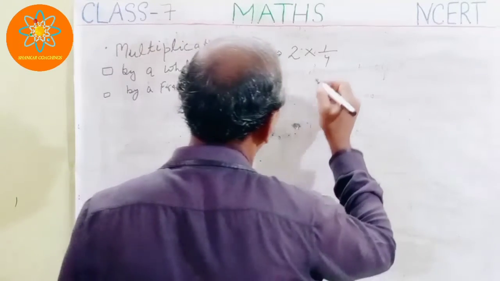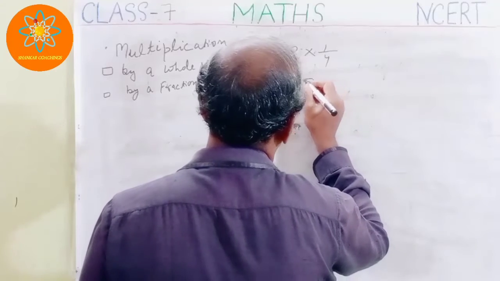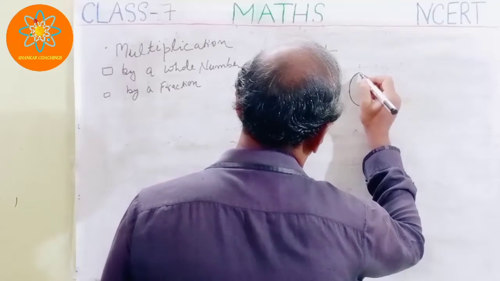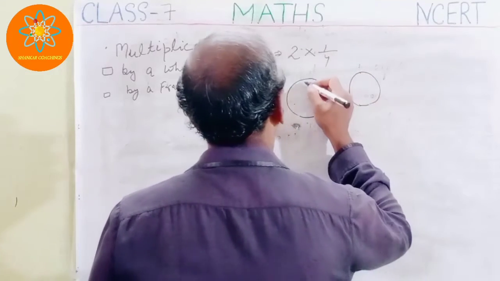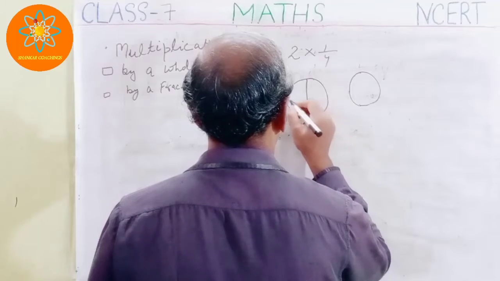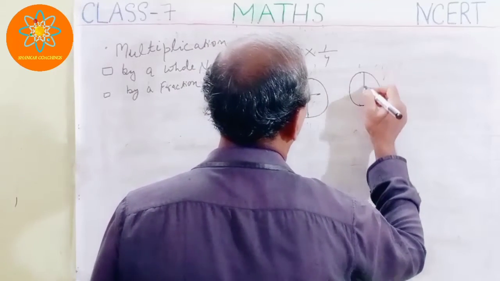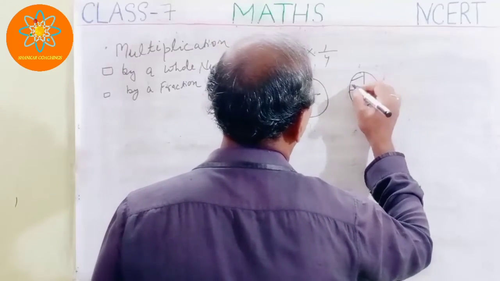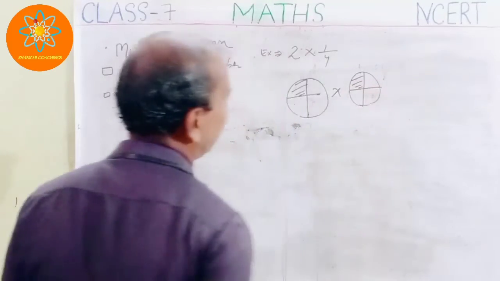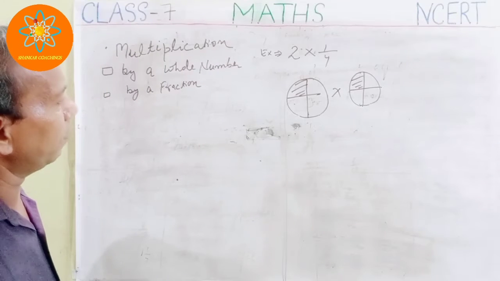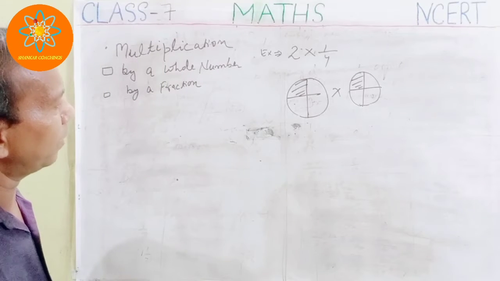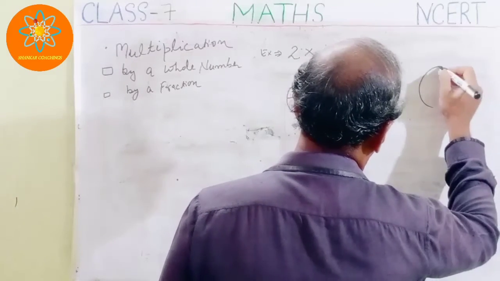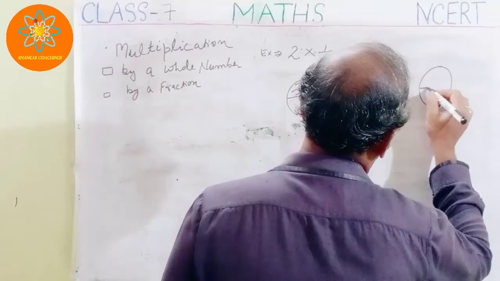So how to multiply this one? For multiplying this, I can take 2 circles, because multiply by 2 is given. And how many parts are there? 4 parts are there. This is one part and another is this part. I want to multiply 1 by 4 and 1 by 4, so obviously I will get like this.